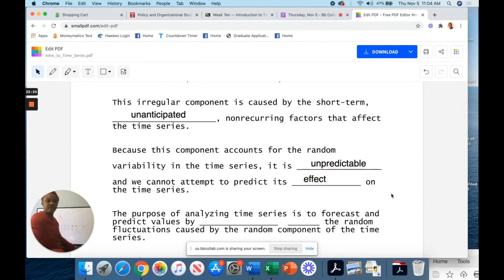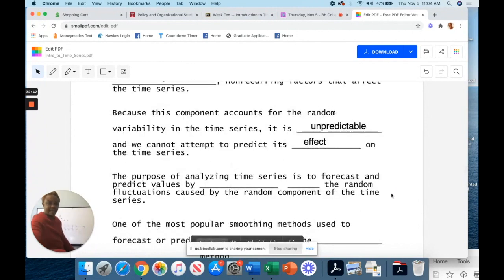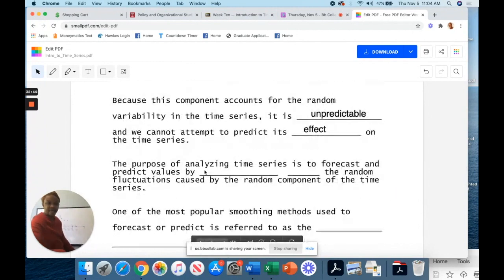When you get a hold of these random points, that's what affects your ability to tell what the trend is, because a lot of those high points and low points can be like a smokescreen. It can be really confusing. So what we have to do is analyze the series by smoothing out random fluctuations.